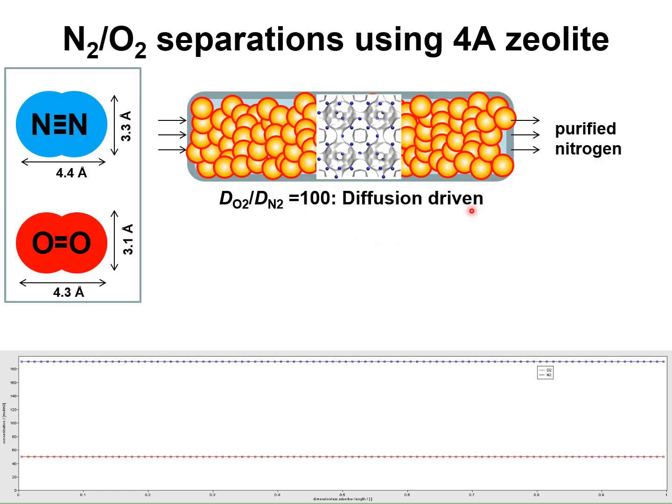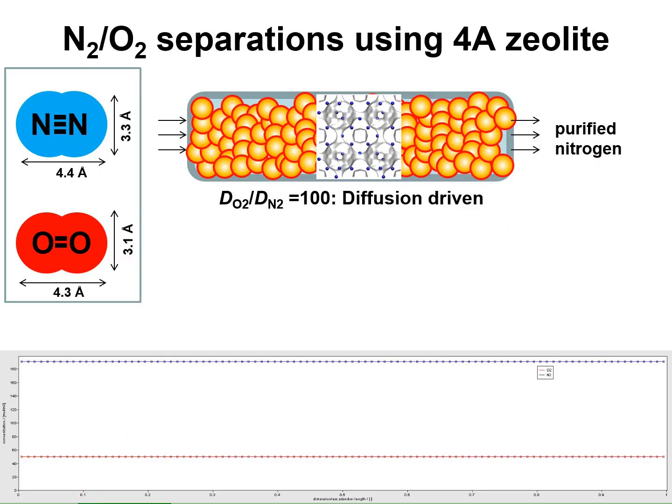And this technique of exploiting diffusion selectivity is also termed a kinetic separation, and this is a method that is adopted in practice to produce purified nitrogen.